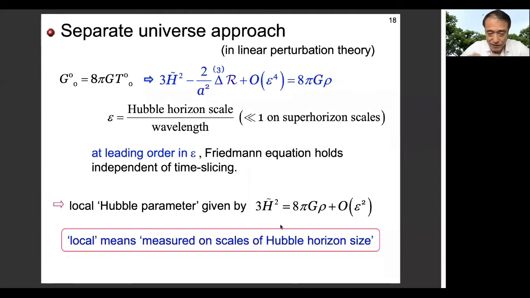Okay, so would you please show the definition of H tilde? You are working in the long wave limit, so probably the definition would simplify H tilde.